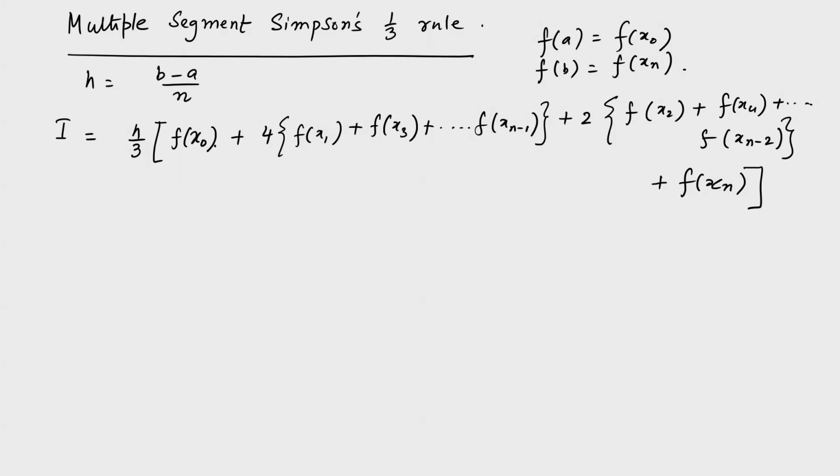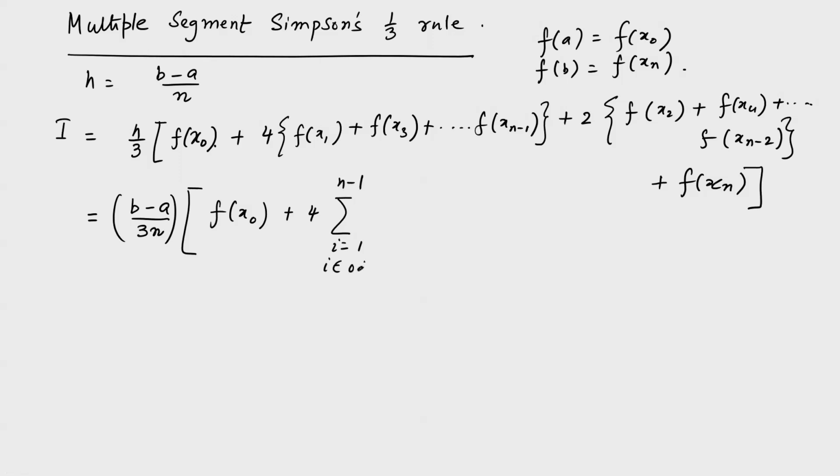Okay. So, this is what we had written earlier in a slightly compact notation. It is b minus a by 3n, and we have f of x 0, plus 4 times the sum over i equal to 1 to n minus 1, making sure i is odd, of f of x i, just the second term.